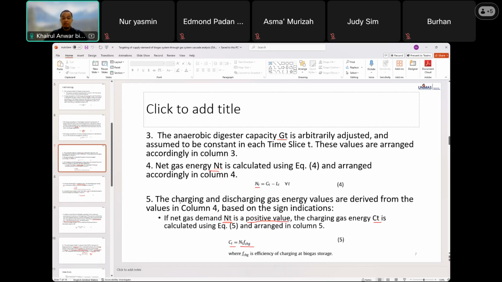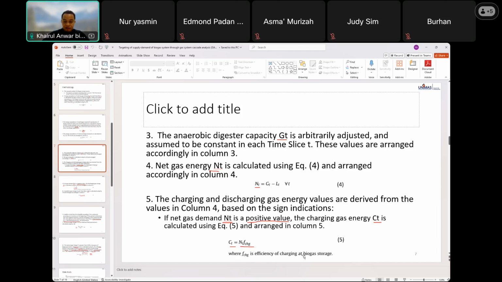Next is the charging and discharging gas energy value derived from the values in column 4 based on the sign indication. If the net gas demand NT is a positive value, the charging gas energy CT is calculated using equation 5 in column 5. So for charging, CT equals NT times FCHG.